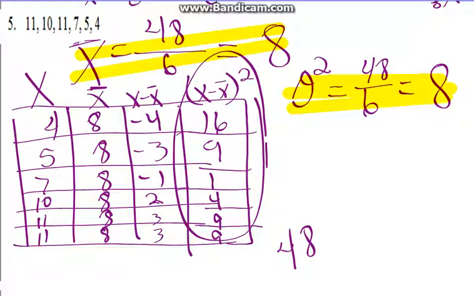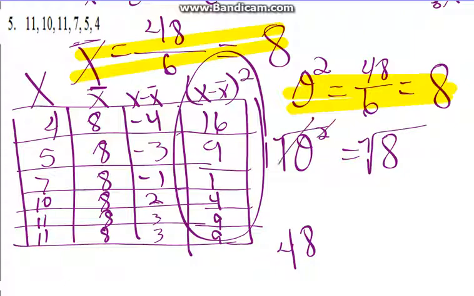Now to get our standard deviation, we're just going to solve this, right? So sigma squared equals 8. Then what will we do? Take the square root of each side, and now we get sigma equals radical 8. Or when you solve radical 8, it's about 2.8.